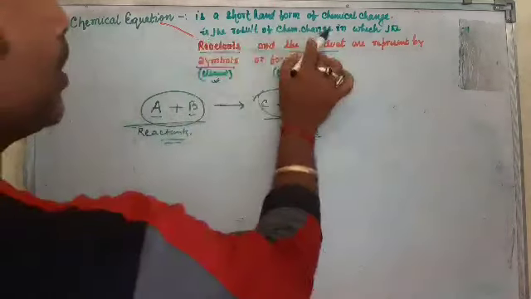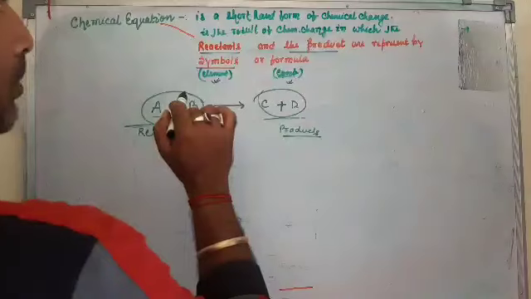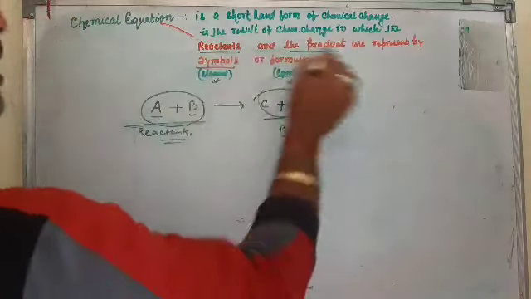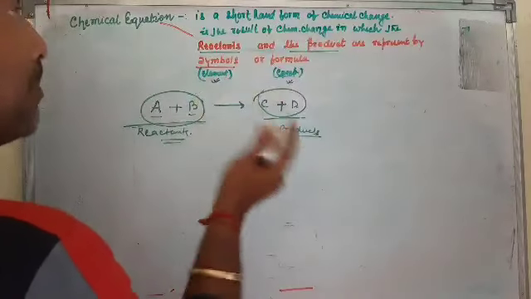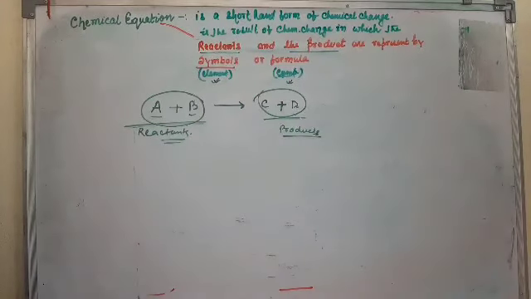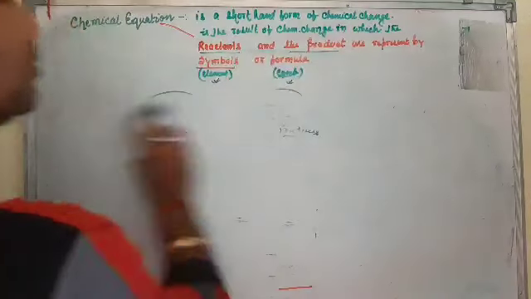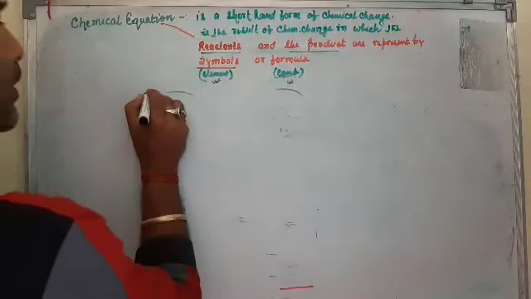So it is the short form of chemical change in which the reactants and products are represented by symbols and formulas. Now let us use symbols and formulas. First one, very easy.